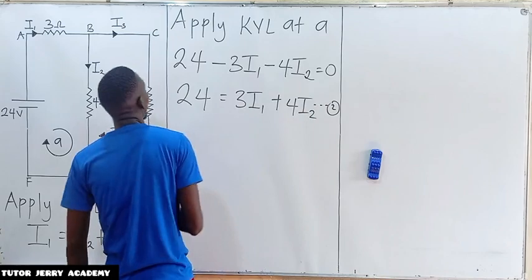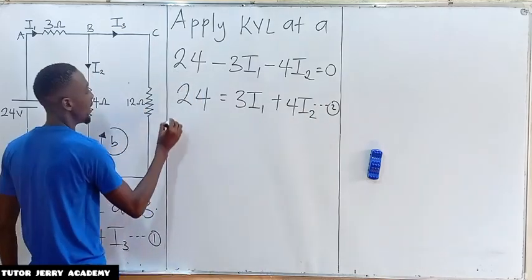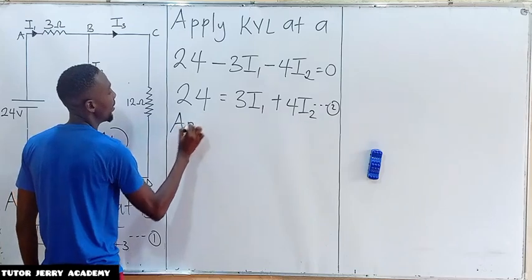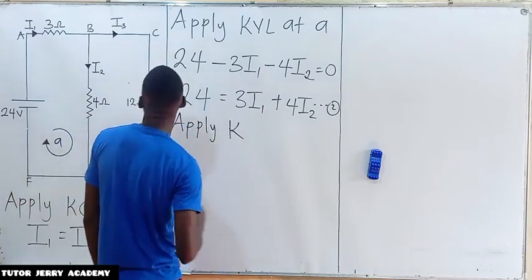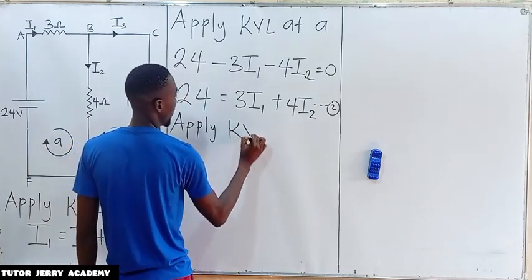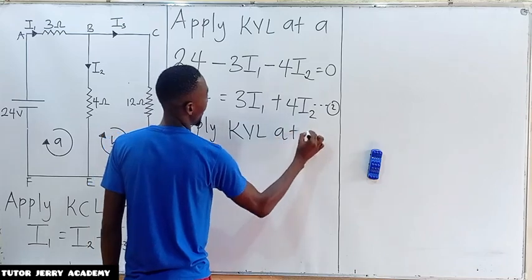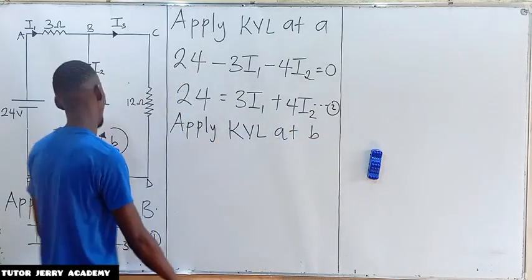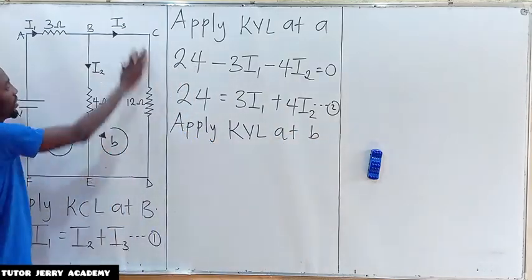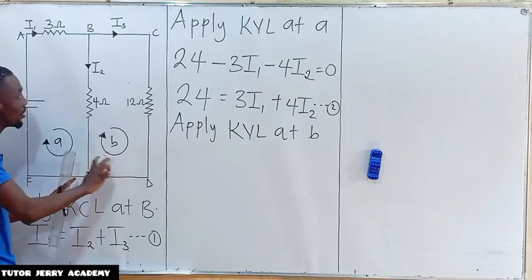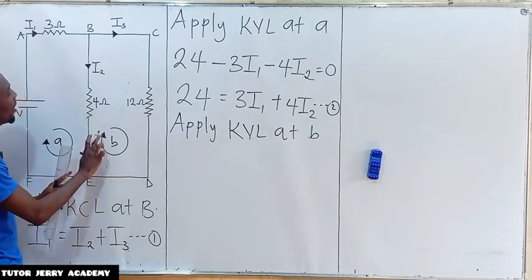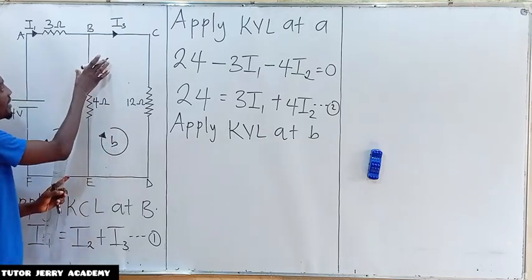All right, now we are going to apply KVL at B. Again, we don't have any voltage source here, right? So if you look at our direction here, it's going opposite to this current direction, right?